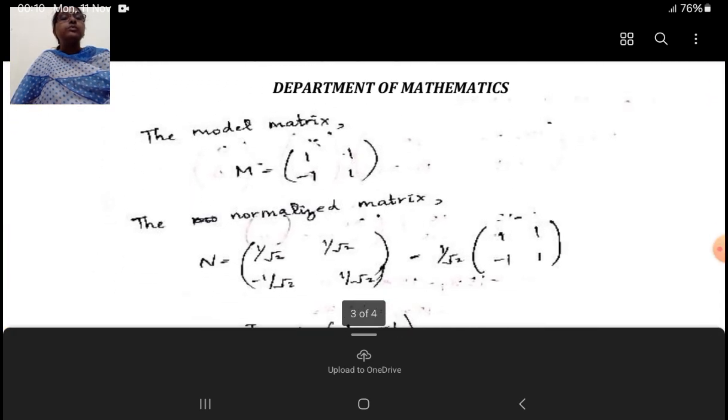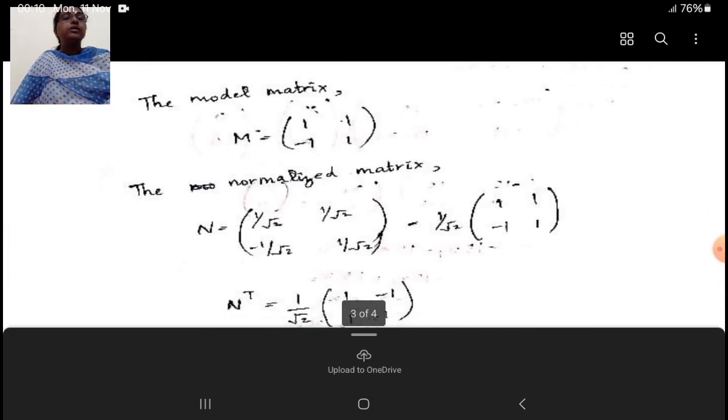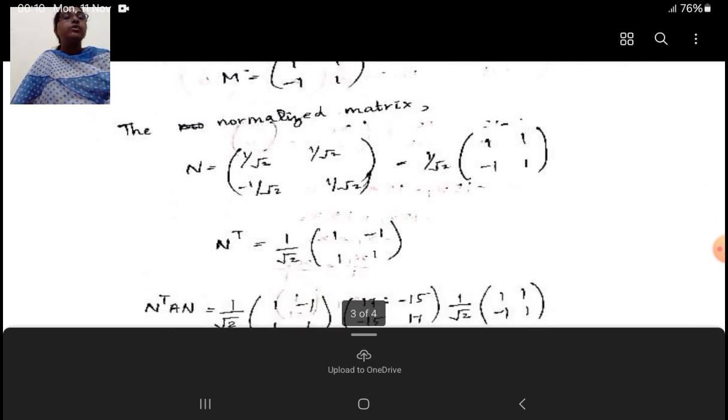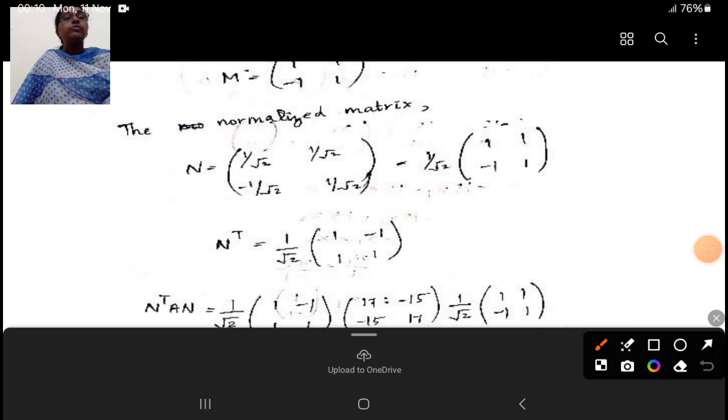Next, based on this, we calculate the model matrix. For the x1 value and x2 value, we can write the normalized matrix easily. Using the model matrix we write the normalized matrix. So 1 and minus 1 is given, and for the first row and second row we got the value root 2.